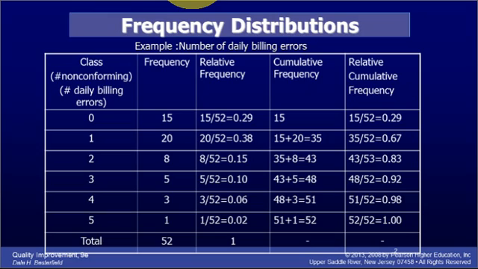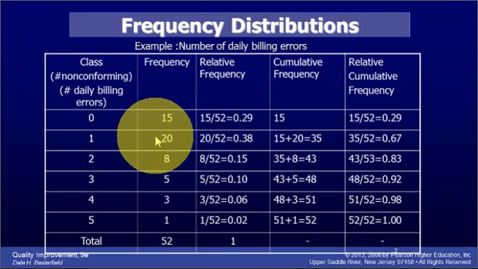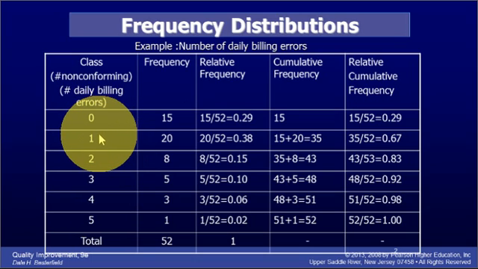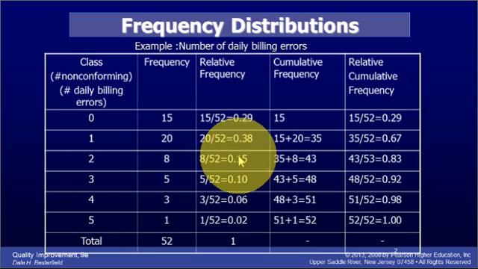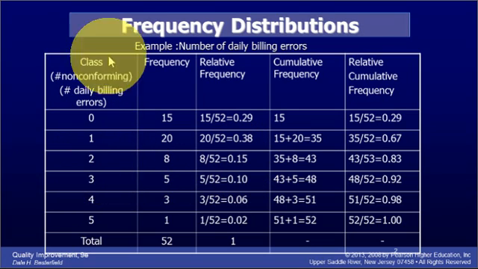So relative frequency stands for the proportion or fraction of the total. For example, in this cell, it says 38% of days are having one daily billing error, and 15% of the days are having two daily billing errors.